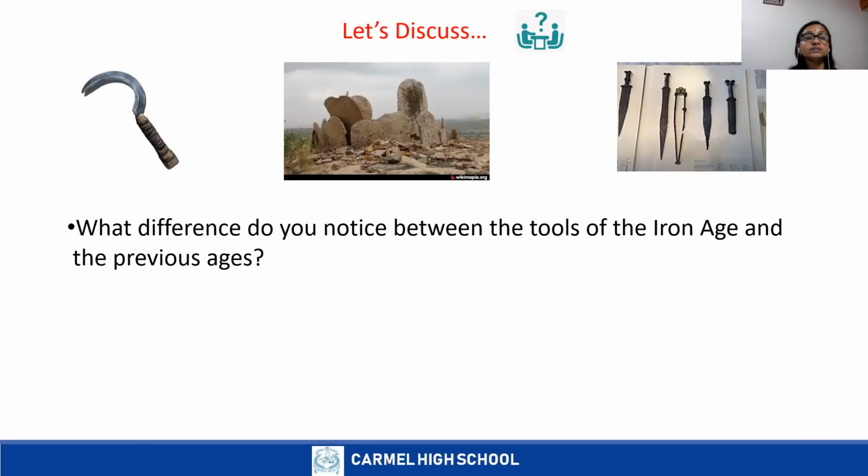Chalcolithic age introduced copper tools. Here, they introduced tools made of iron. Now, from this picture, you can write this, and you can see one more, that megalithic. The other two things we know are tools made of iron.